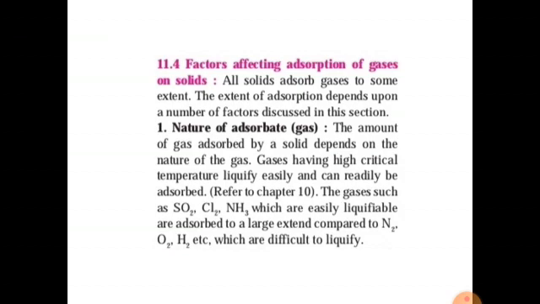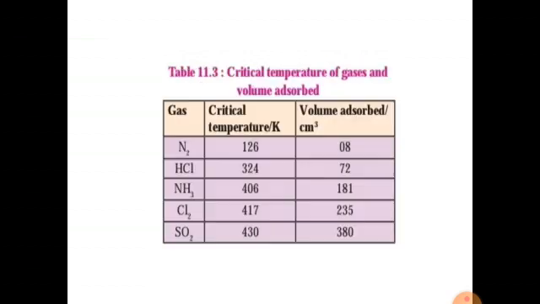This means the gases which liquefy easily are easily adsorbed, and the gases which are difficult to liquefy are not easily adsorbed. The critical temperatures of some gases are given: nitrogen 126 Kelvin, hydrogen chloride 324 Kelvin, ammonia 406 Kelvin, chlorine 417 Kelvin, and sulfur dioxide 430 Kelvin. This is the critical temperature at which the gas gets adsorbed.